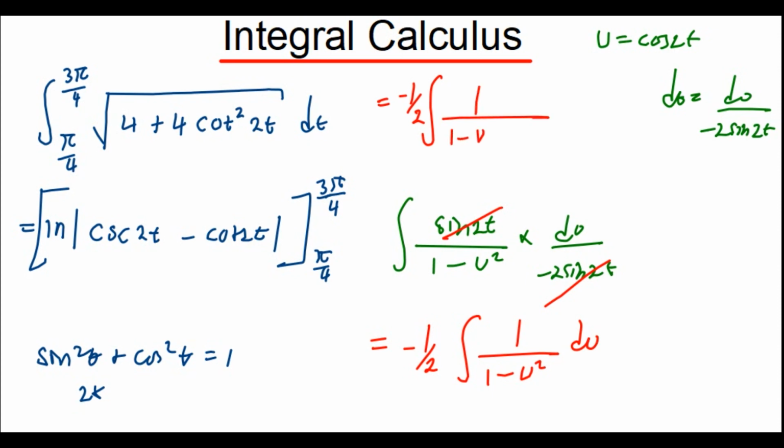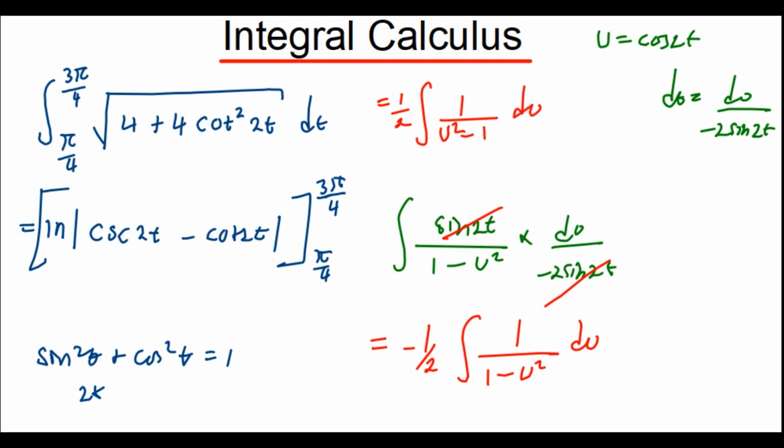One thing I observe, which is very interesting, is that since I have a negative there, I can choose to manipulate it and write it as a positive. That would be 1 over 2, positive, then the integral of 1 over, instead of 1 minus u squared, u squared minus 1 du.